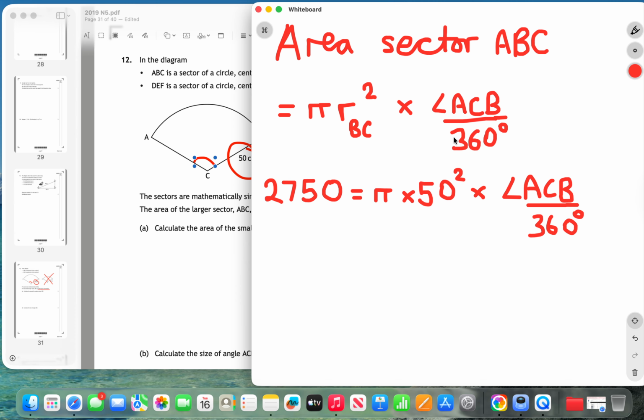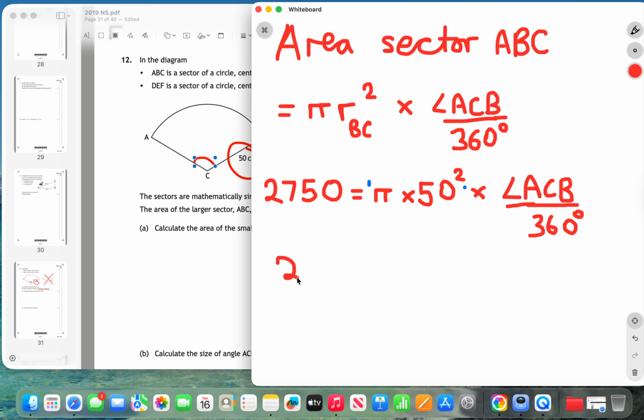So what we want is to get ACB on its own. We've got this pi and 50 squared, so we can take this over to the other side. It's multiplying on this side, so we divide both sides by 50 squared times pi, and just watch what happens.